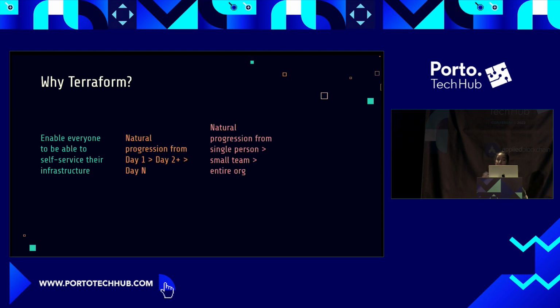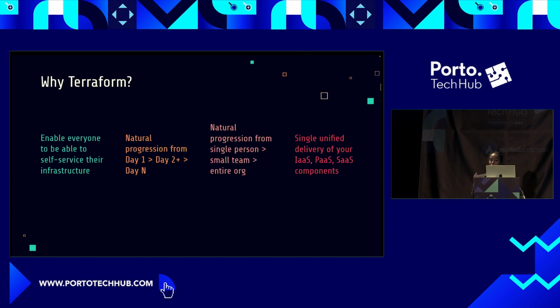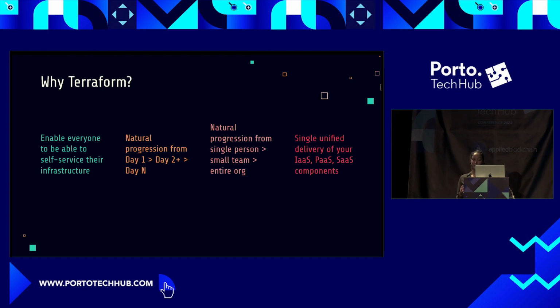You also get this natural progression from day 1 to day 2 to day n, and from single person to a team to many people in an entire organization. When you use infrastructure as code, you have a single unified delivery of everything, and it gives you a holistic view of what's going on in your application. You can also import your existing infrastructure, and you can do multi-cloud deployments.